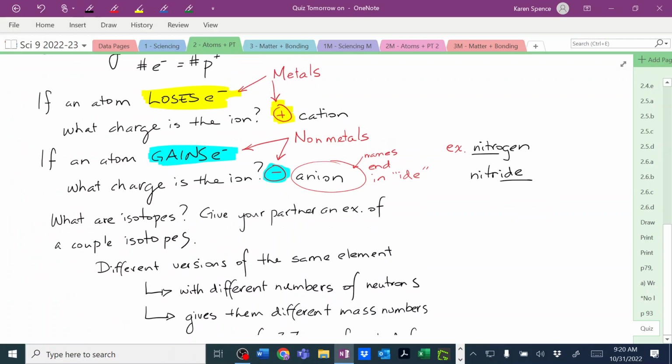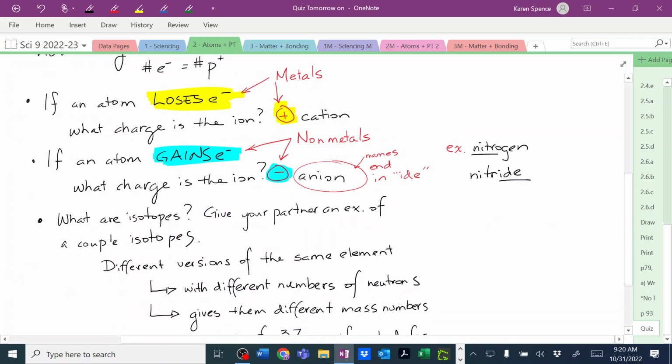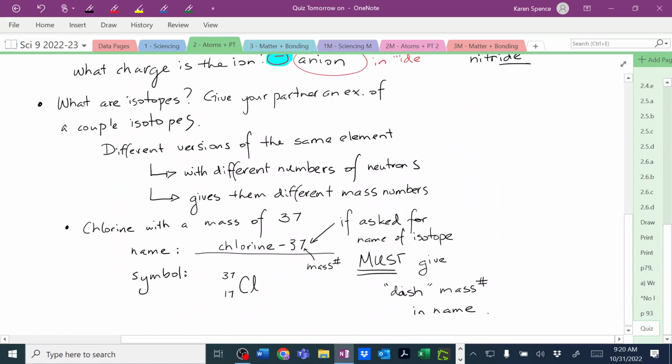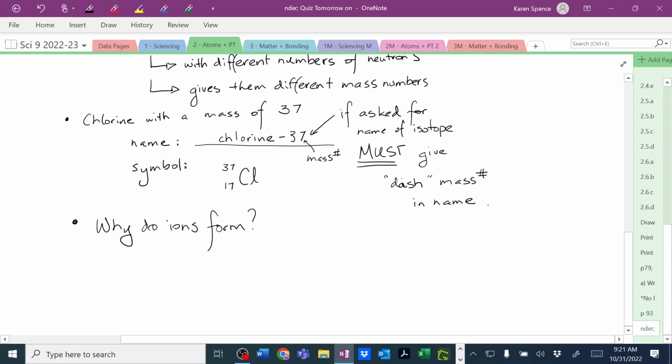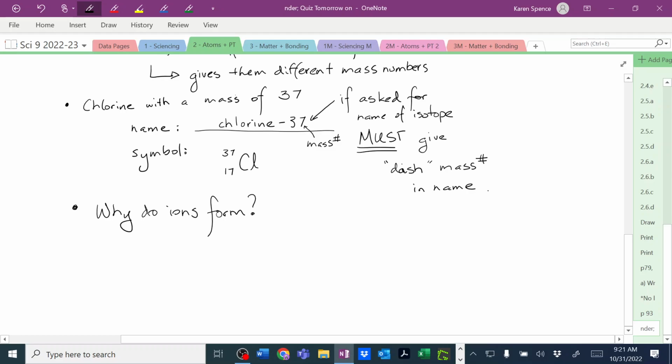All right, what else is on here that I need you to know? Oh, why do ions form? Electrons want to be in a more stable state, yes, and you said after that?